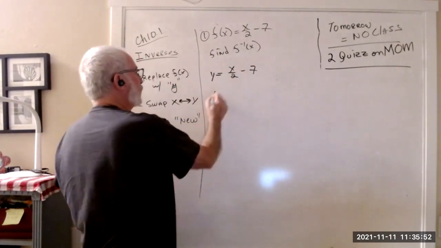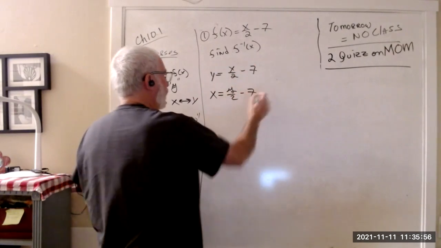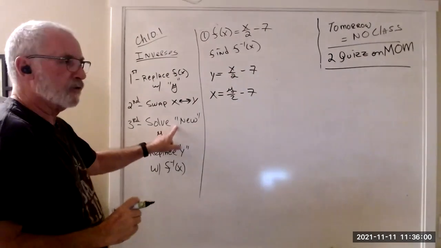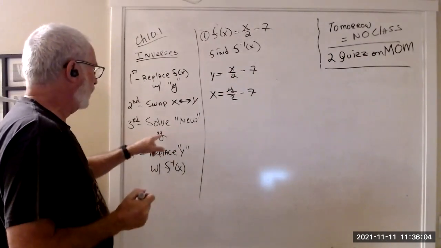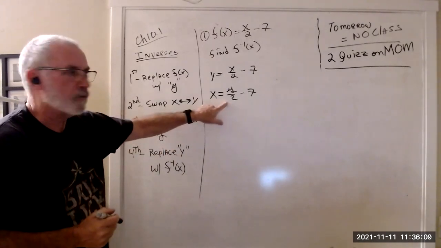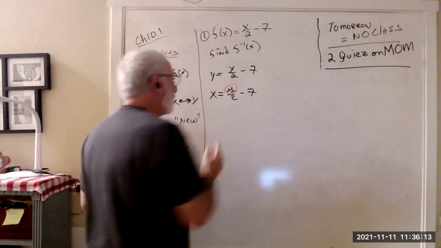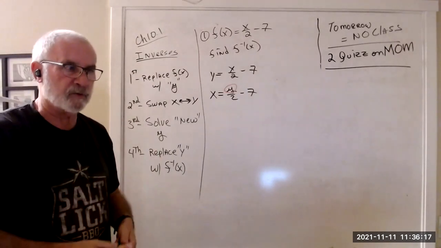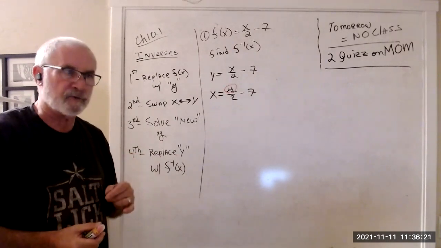We swap the x's and y's, so x equals y over 2 minus 7. And then the step down here is the most important step. How do I get the y alone? How do I solve for the new y? How do I get that thing by itself? And that's where your skill comes in, because every single problem is going to be a little bit different.